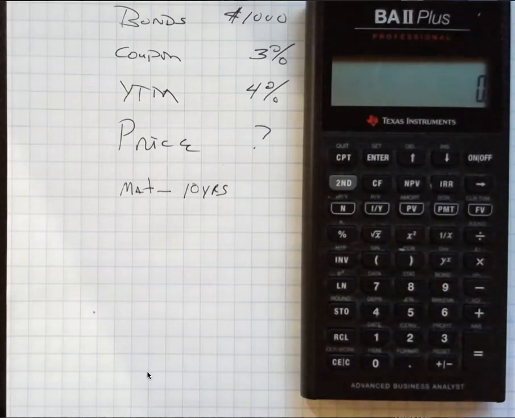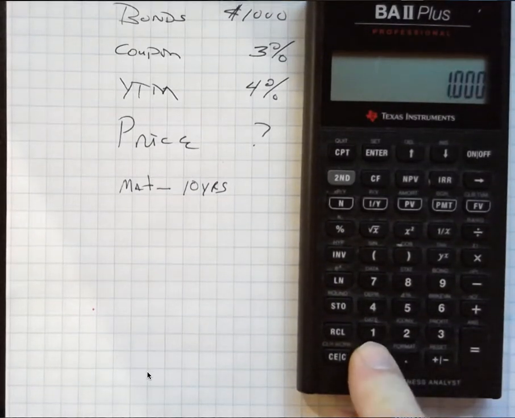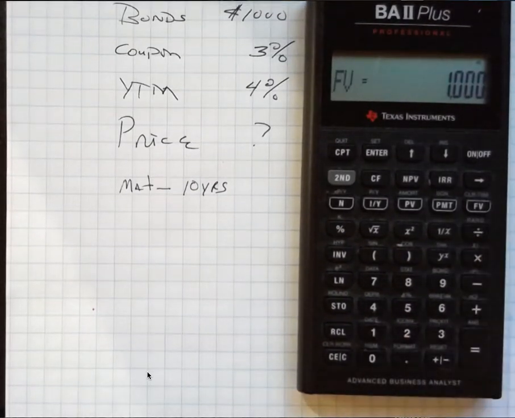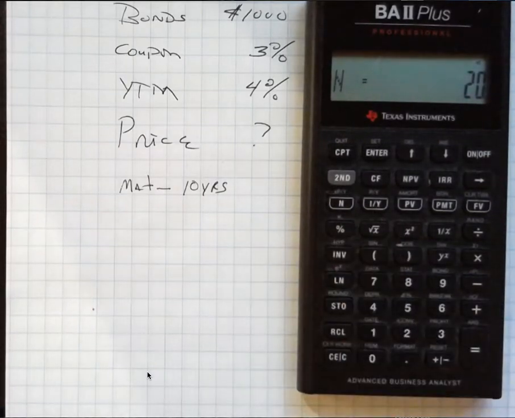So that $1,000 will be a future value. I know the bond's going to mature in 10 years. How many periods? Well, semi-annual, that's going to be 20 periods. So I'm just going to go ahead and put 20 in.